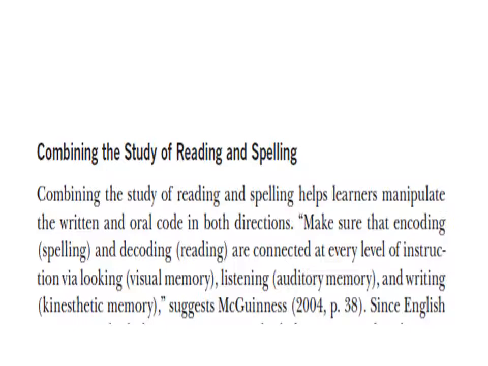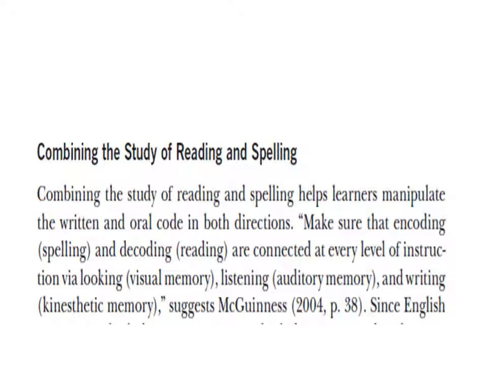Combining the study of reading and spelling helps learners to manipulate written and oral code in both directions. Make sure that encoding (spelling) and decoding (reading) are connected at every level of instruction. So in this case, we have the combination between reading and spelling.